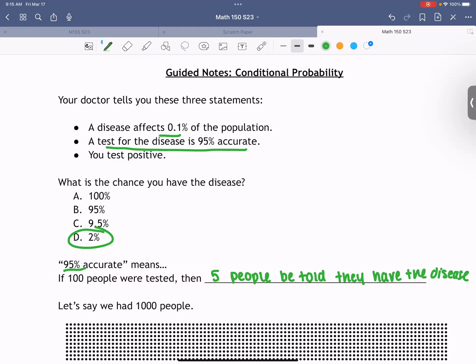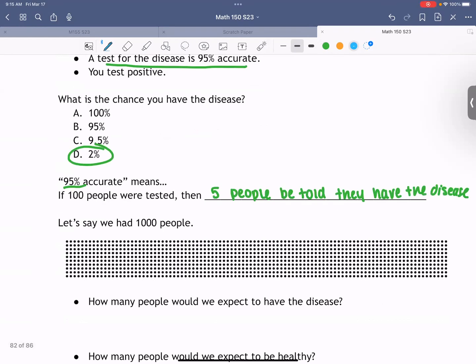That doesn't actually mean that they have the disease. They're just going to be told. All right, so what we're going to do is break this down. I'm going to give you a situation, and then we're going to figure out how many people actually have the disease.